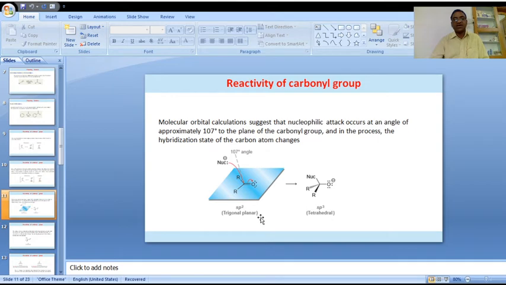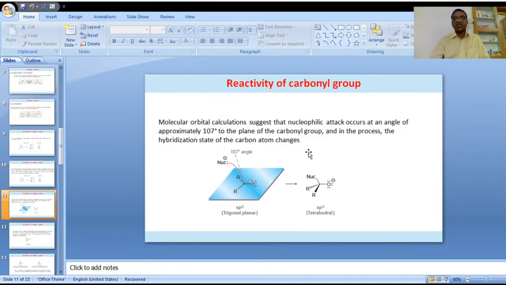After the attack of the negatively charged nucleophile, the central carbon is bonded with four groups: the nucleophile, two alkyl groups and oxygen. This central carbon undergoes sp3 hybridization. As a result, it gives a tetrahedral structure.